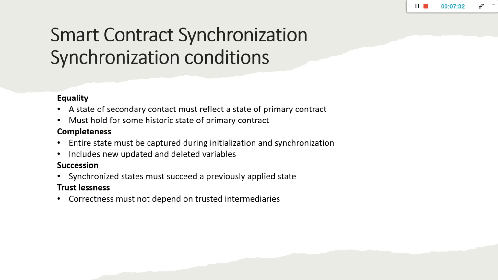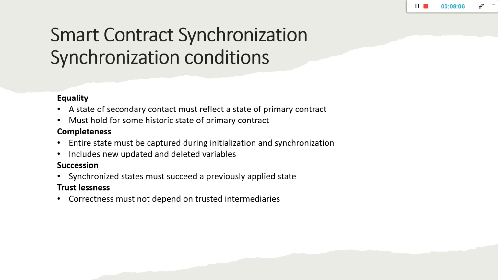So in order to implement the methodology of interaction between two smart contracts, the author has claimed that there should be some prerequisites, and they have mentioned four important points here. That includes equality, completeness, succession, and trustlessness. Equality implies that the state of the secondary contract must reflect the state of the primary contract, and completeness means the entire state must be captured during the initialization.